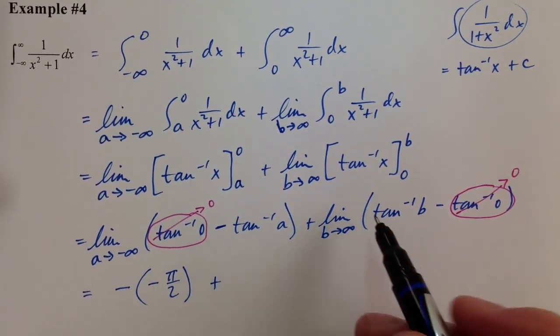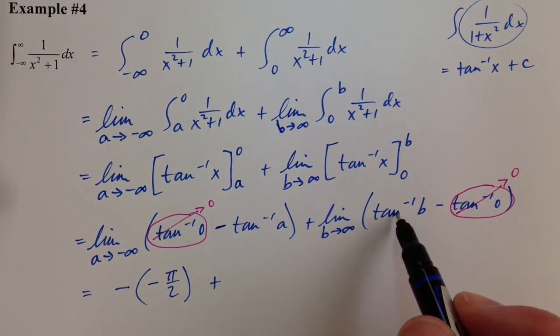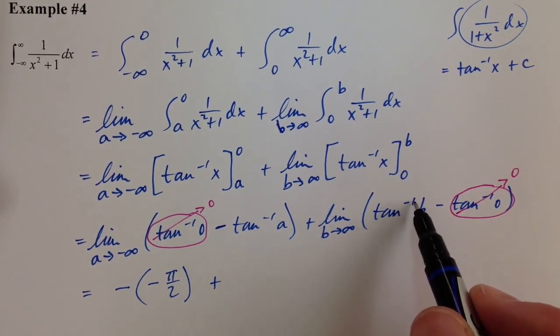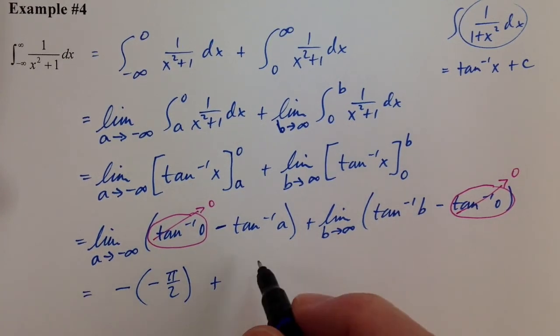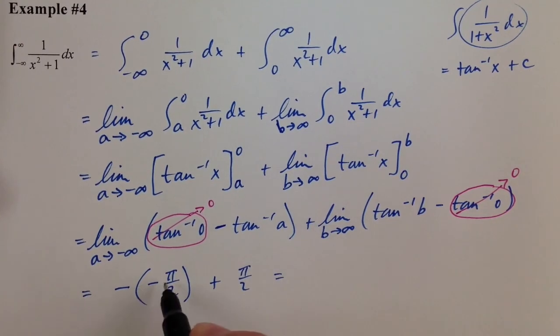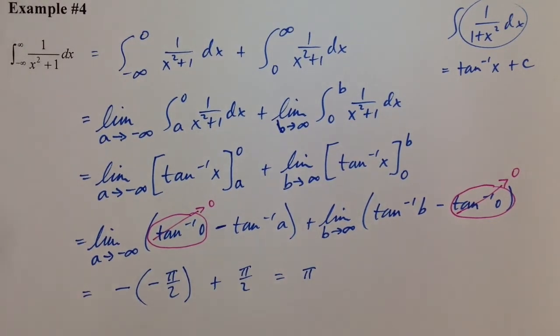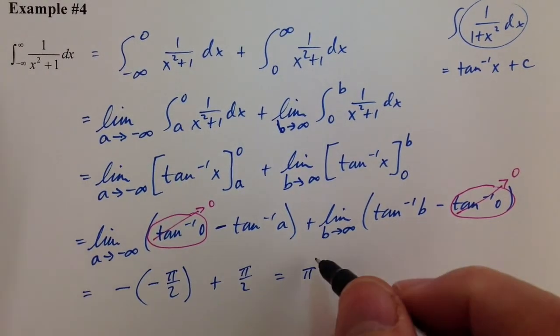Likewise over here, as b approaches infinity, the upper horizontal asymptote of the inverse tangent function is pi over 2. And so we have pi over 2 plus pi over 2, which is 2 pi over 2, or just pi. That's it.